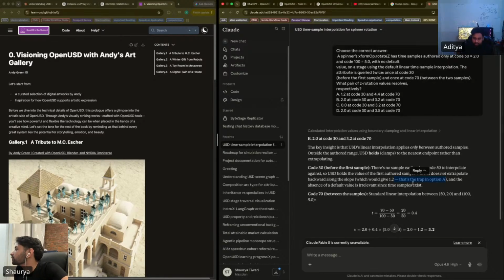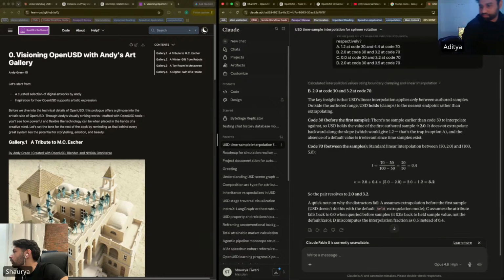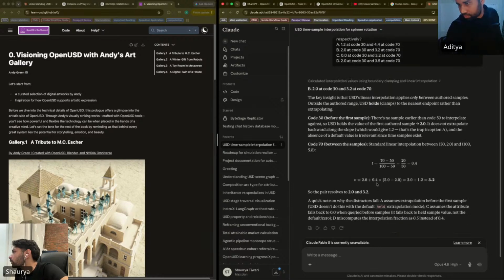We got trapped. And the absence of a default value is irrelevant since the time sample exists. At code 70: 70 minus 50 is 20, divided by 50 is 0.4, and 2 plus 0.4 times (5 minus 2) is 3.2. Correct. I see.